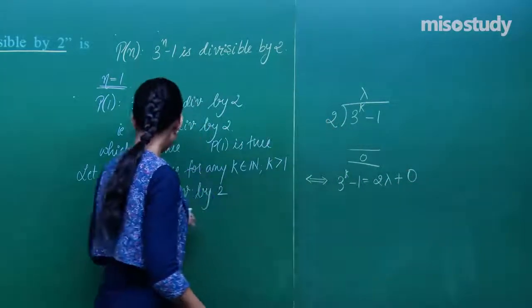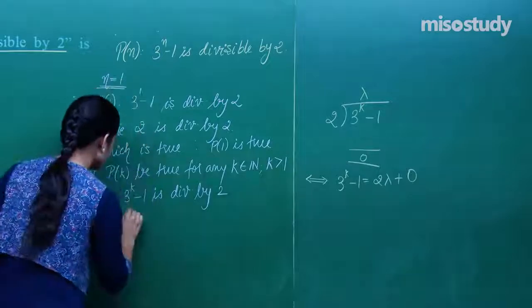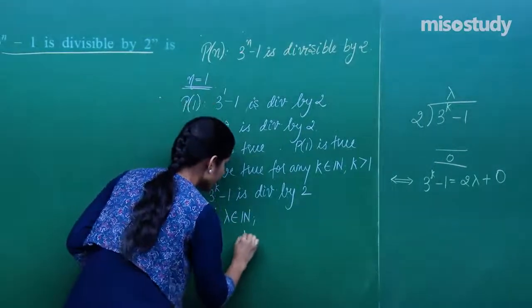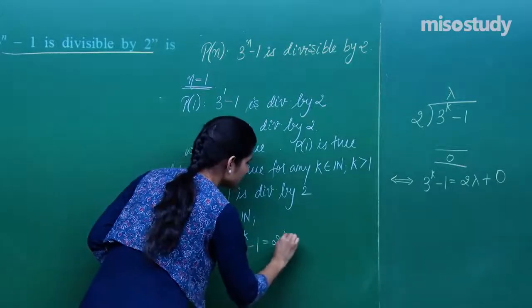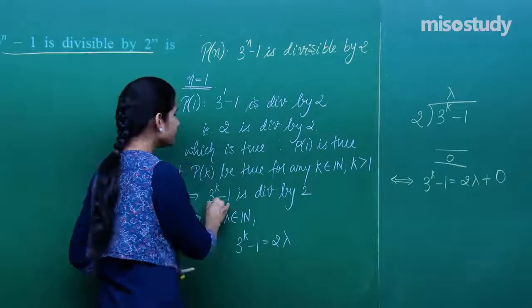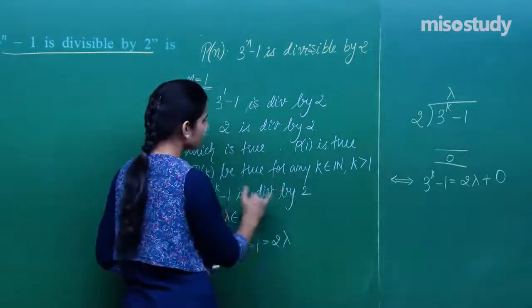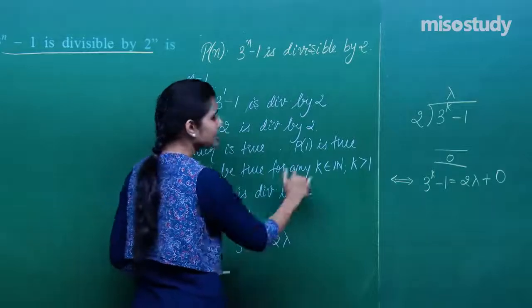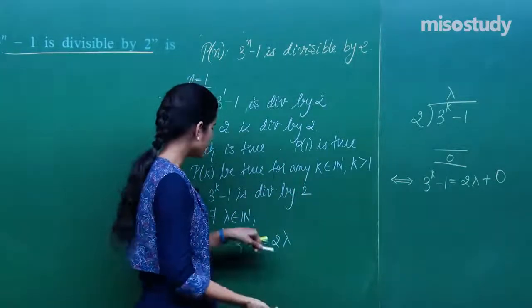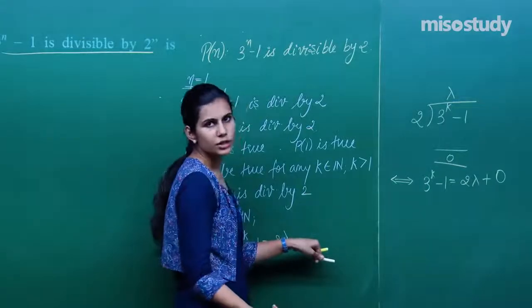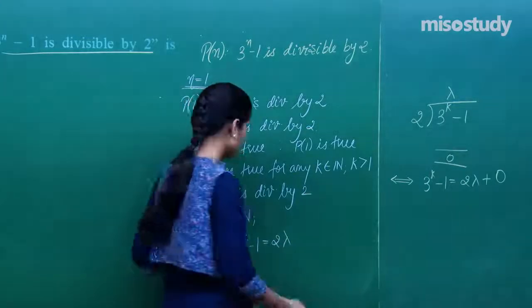So if 3 to the power k minus 1 is divisible by 2, this implies there exists lambda natural number such that 3 to the power k minus 1 can be written as 2 lambda. This is the dividend, this is the divisor, so dividend is equal to divisor into some quotient plus 0 remainder. I am taking lambda as the quotient in the natural number set plus 0. 0 is the remainder, that has no relevance.